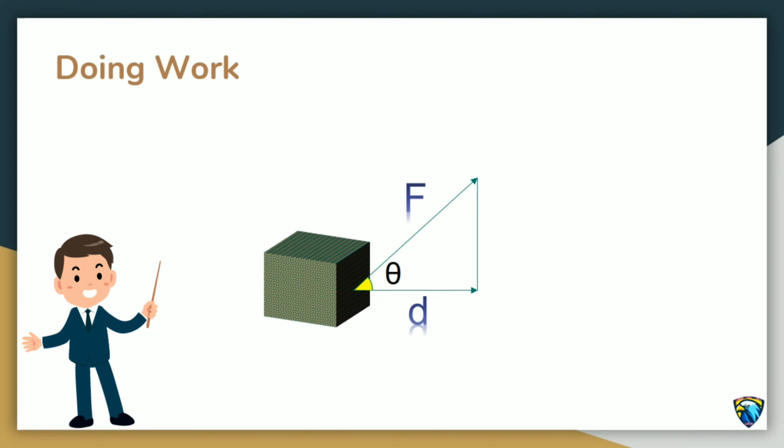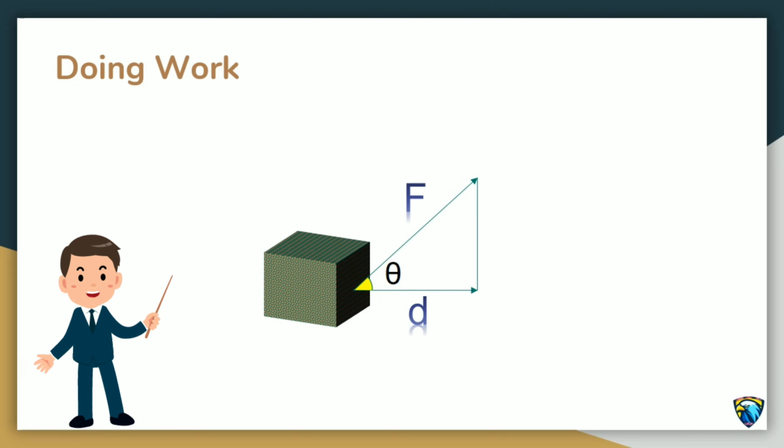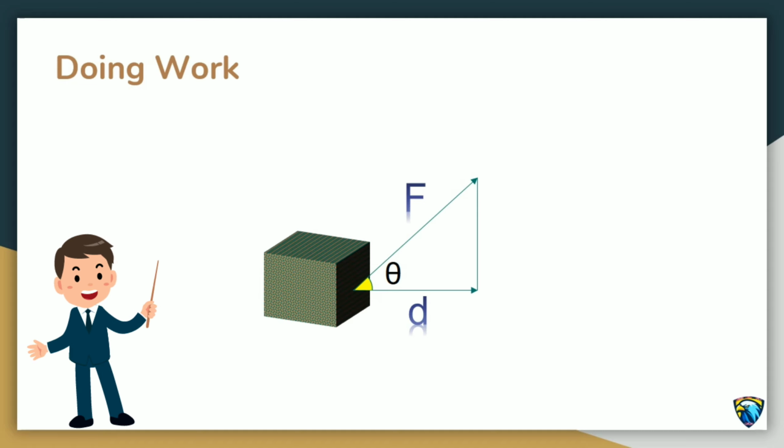So as you can see, the force is along the hypotenuse of the triangle, but we are interested in finding the force along the displacement or along the base of the right angle triangle. So what will be the component of the force along the base? That's right, it's going to be force F into cos theta.